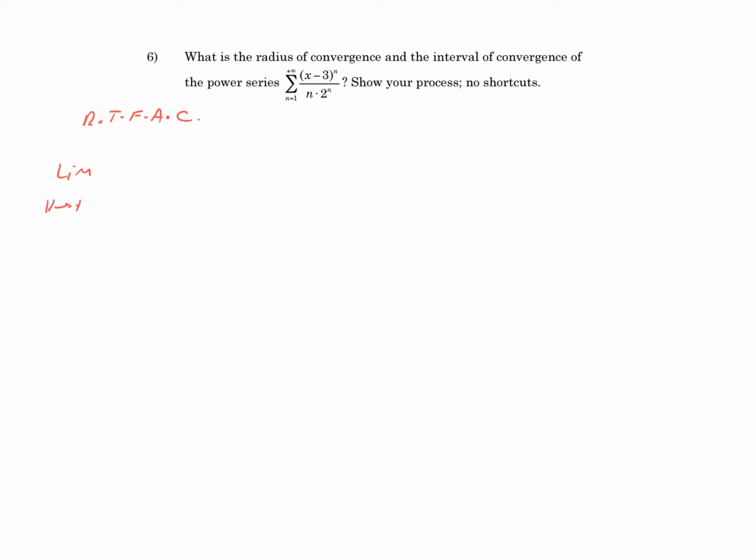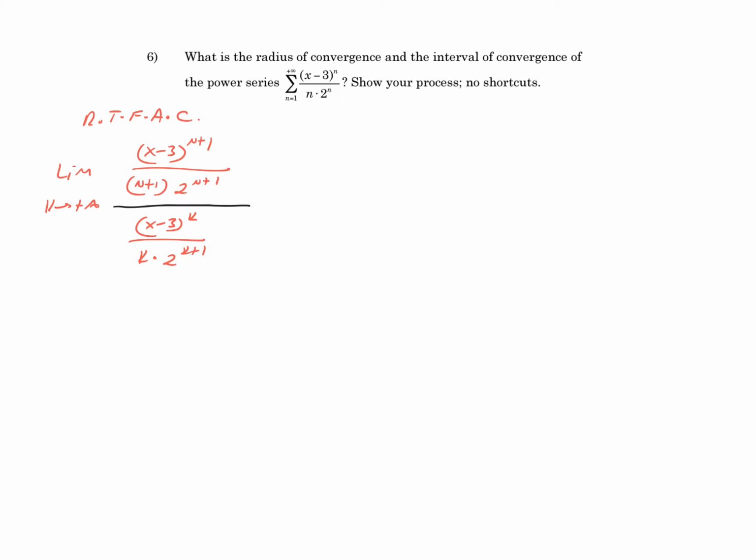So the limit as k goes to positive infinity, I would have x minus 3 to the n plus 1 over n plus 1 parentheses 2 to the n plus 1, and I'll just put a large compound fraction bar there. And then the kth term, which is just the general term as given to you, x minus 3 to the k over k times 2 to the k plus 1.